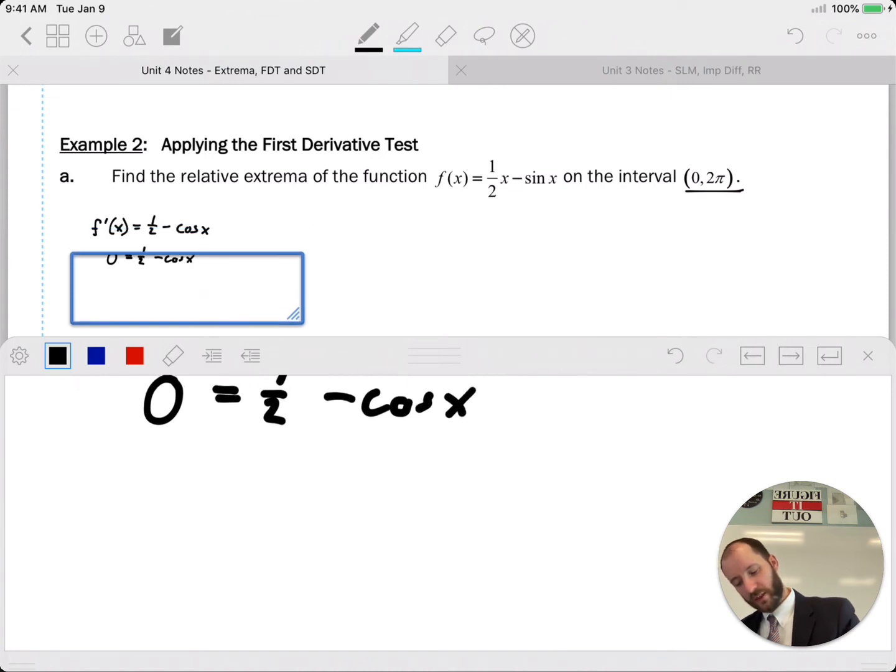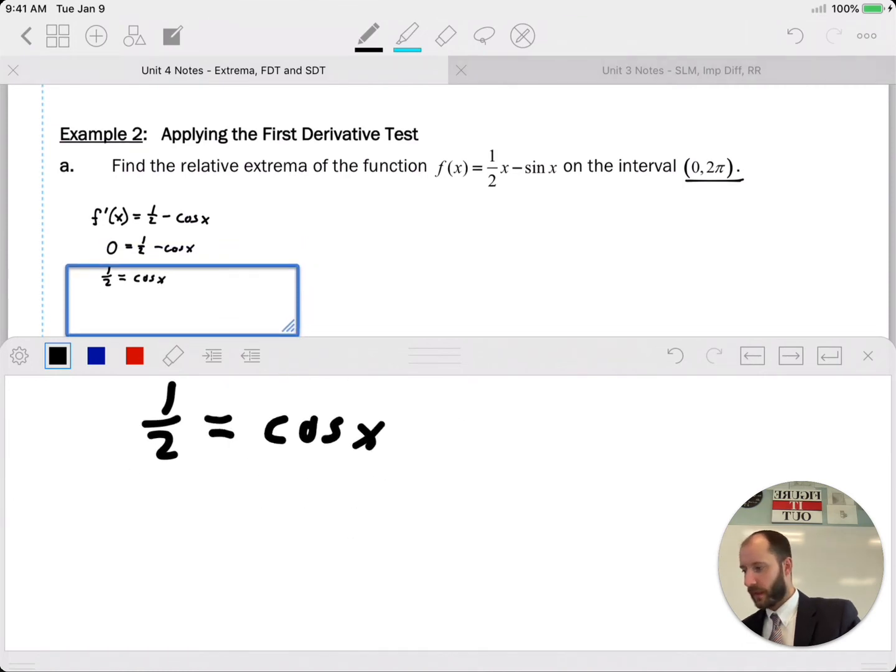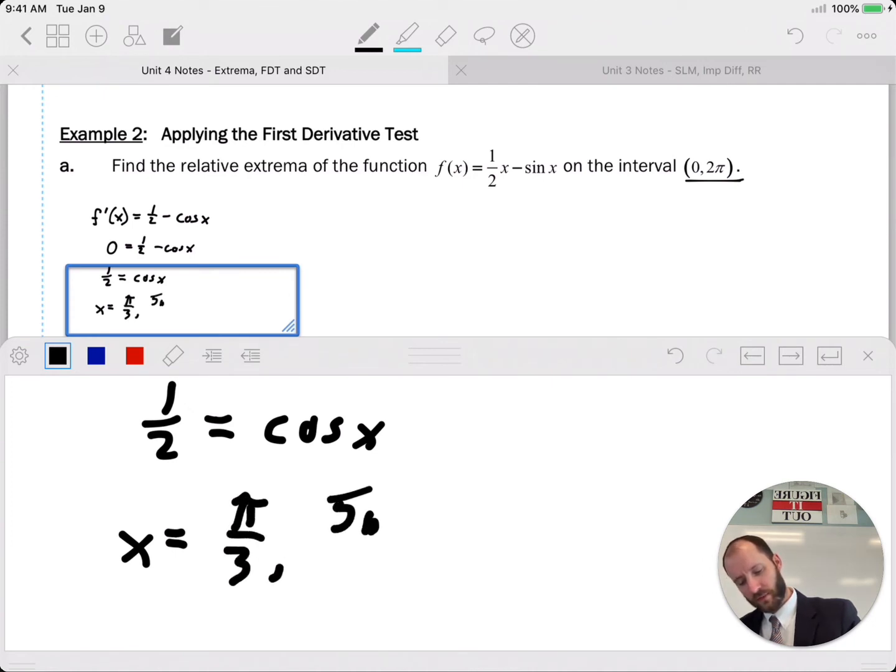Solve for x, so 1/2 equals cosine of x. Cosine is the x coordinate, so when x is 1/2 on the unit circle, that's pi over 3, and I think 5 pi over 3 also, in the first and fourth quadrants.